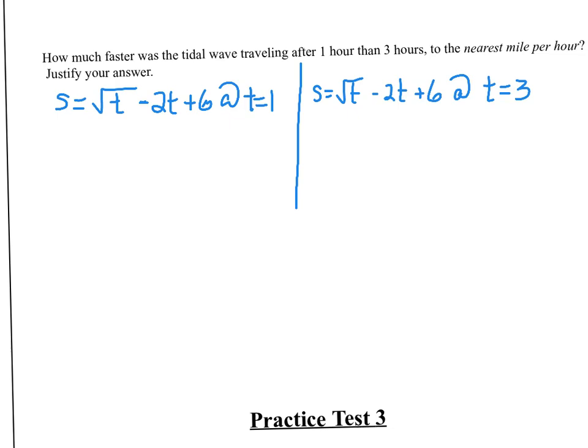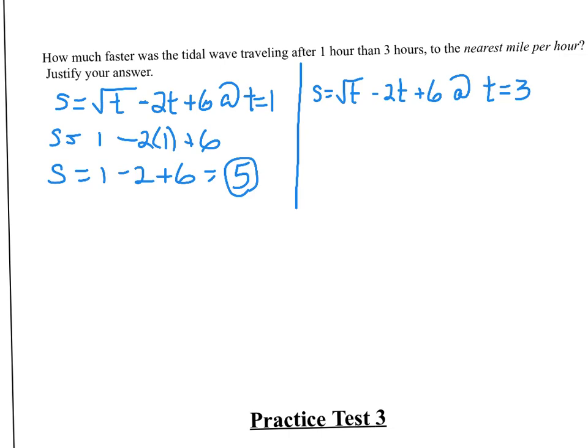Okay, so s equals the square root of 1, which is just 1, minus 2 times 1 plus 6. So I've got s equals 1 minus 2 plus 6. And that is going to give us 5. So that is how fast the tidal wave was traveling at 1 hour.